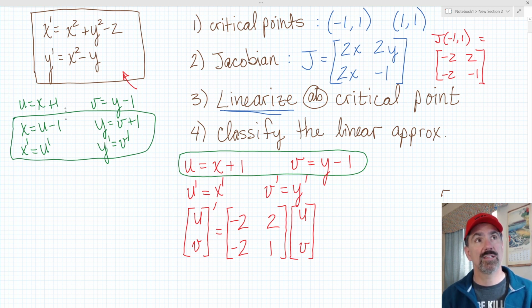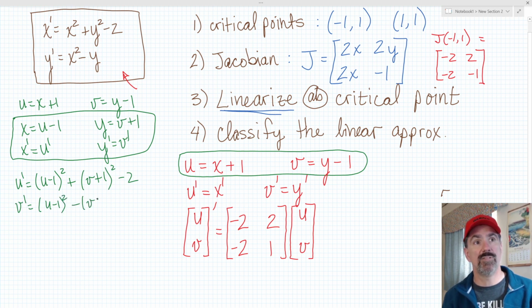So x prime, which becomes u prime, is equal to x squared, which is u minus 1 quantity squared, plus y squared, which is v plus 1 quantity squared, minus 2. And the other equation becomes v prime equals u minus 1 quantity squared minus v plus 1.